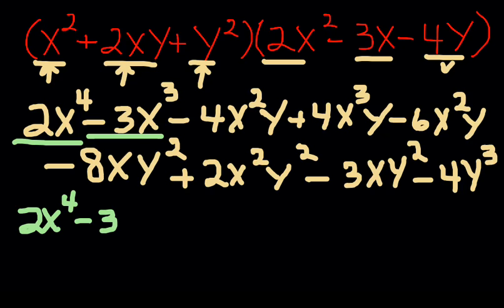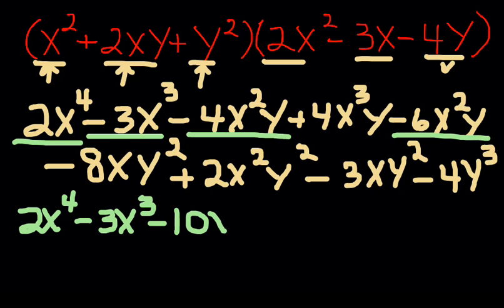So negative 3x cubed I'm going to just write now. There's a negative 4x squared y, and there's a negative 6x squared y. So that's negative 10x squared y. And then here is a plus 4x cubed y, and there are no others like that.